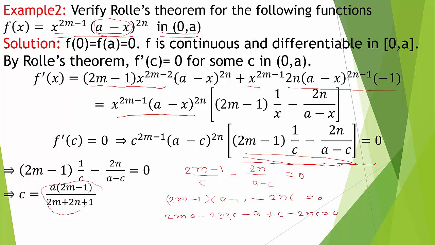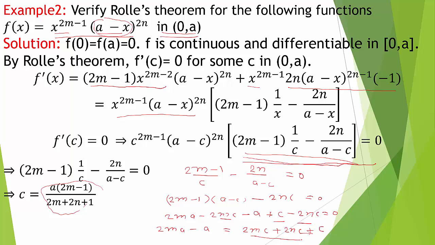Now these three terms are containing c. Therefore, I shall transfer these two terms to the right hand side and I will get 2ma minus a equal to 2mc plus 2nc plus c.